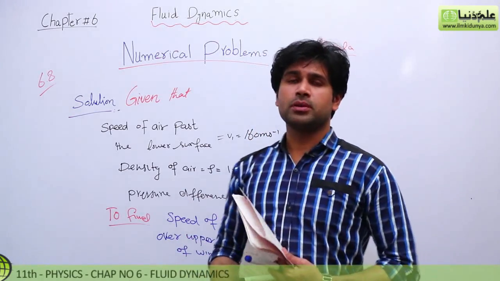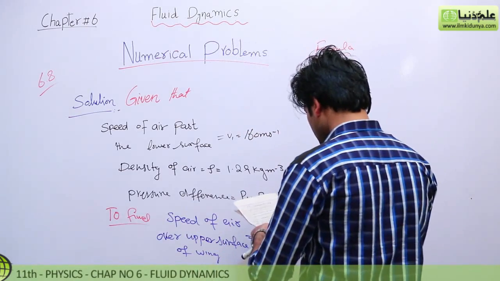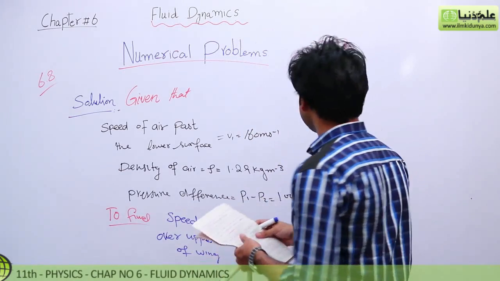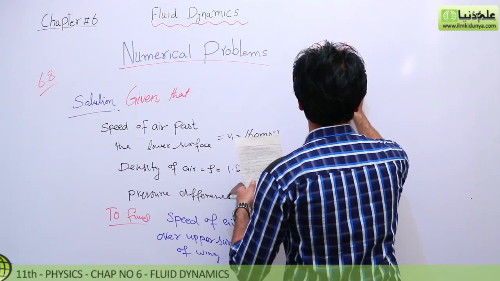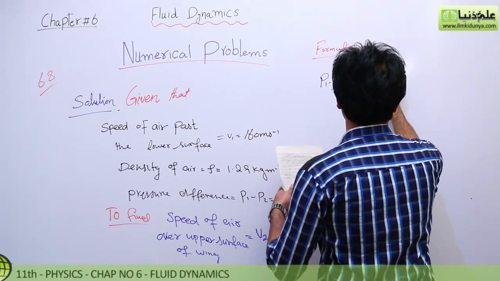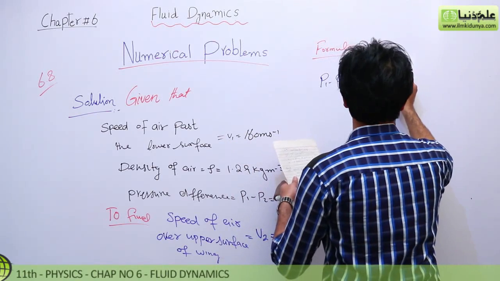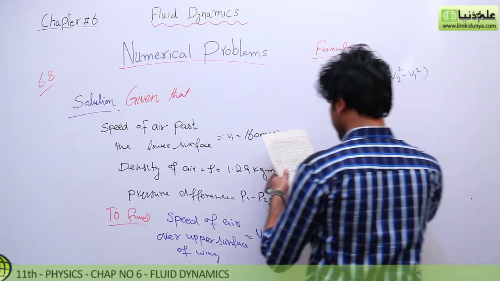How can we solve this numerical problem? We will use Bernoulli's equation and its application as a Venturi relation, which is given as P1 minus P2 equals 1 by 2 rho into V2 square minus V1 square.